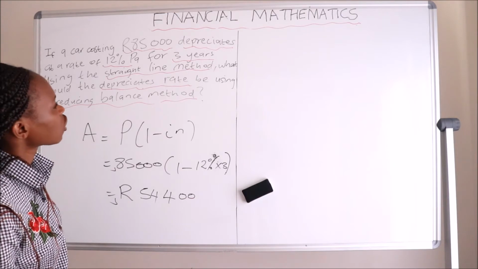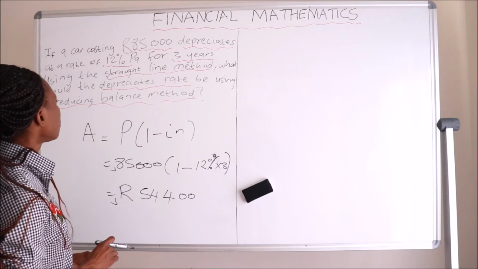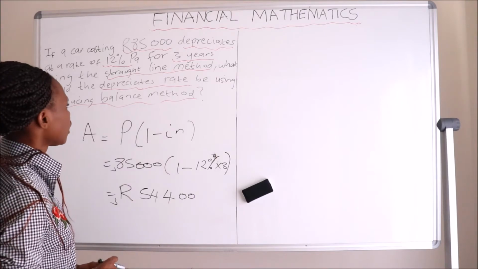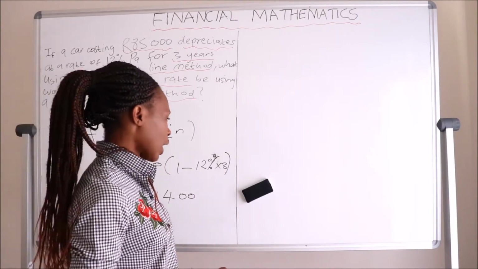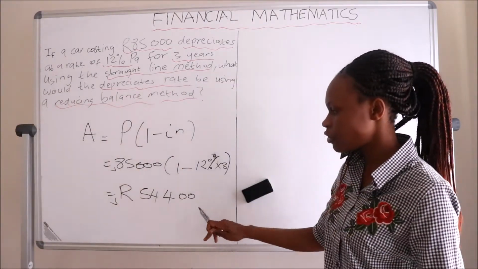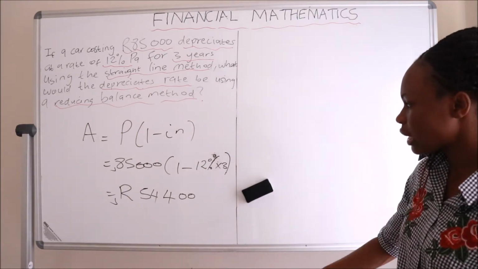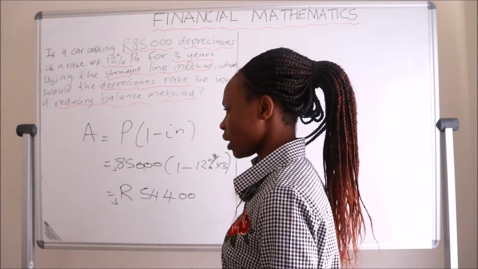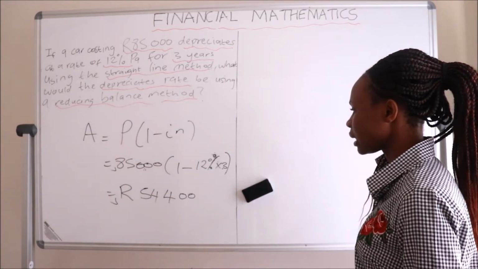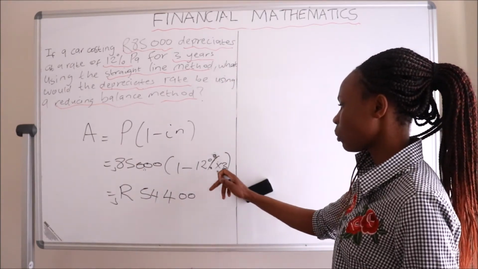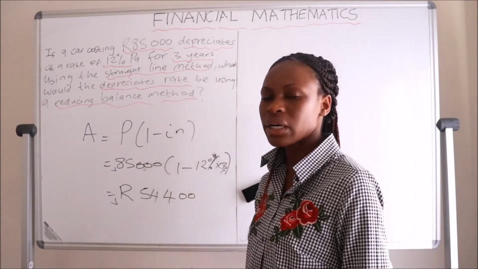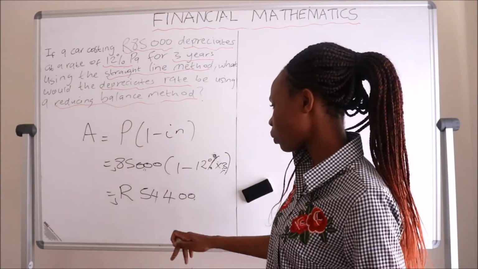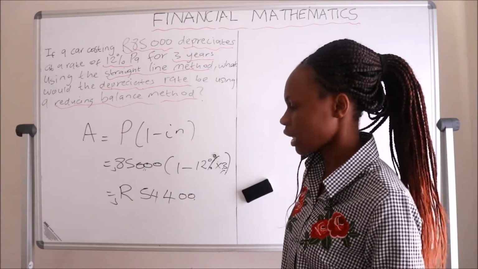Then the question continues. They ask, what will the depreciating rate be using the reducing balance method? If the car has to be 54,400 in 3 years' time, and the original price was 85,000, what rate do we need so that it will be worth this after using the reducing balance method?